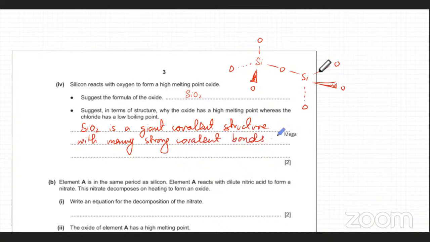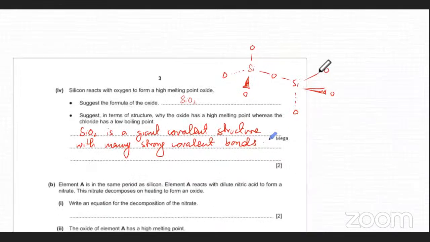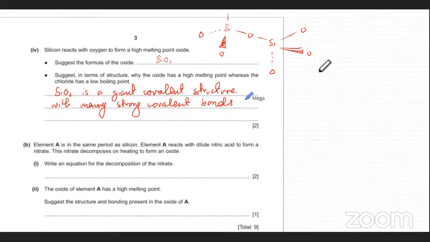Now, at the same time, why is SiCl4 having a low boiling point? You need to explain that as well, because SiCl4, as we discussed, is a tetrahedral molecule. It wasn't a giant structure. It was just a simple molecule. So if there's another SiCl4, they're not going to be bonded together, so you don't have to break any bonds.